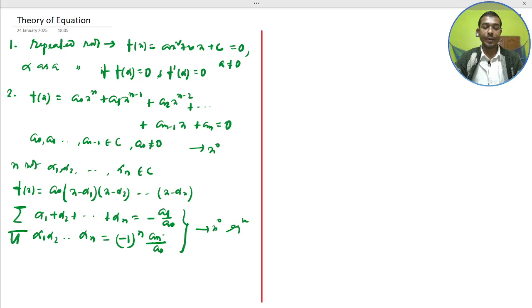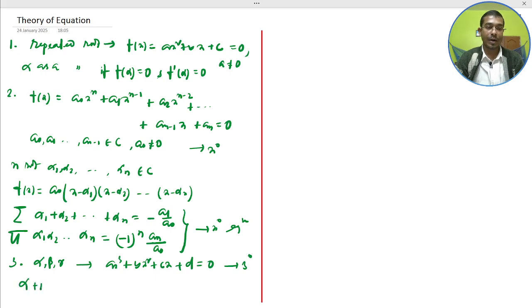Next, the cubic and biquadratic equations. This is also a special case of the n degree equation. So alpha, beta and gamma are the roots of the equation ax cube plus bx square plus cx plus d equal to 0, a cubic equation, 3 degree equation.